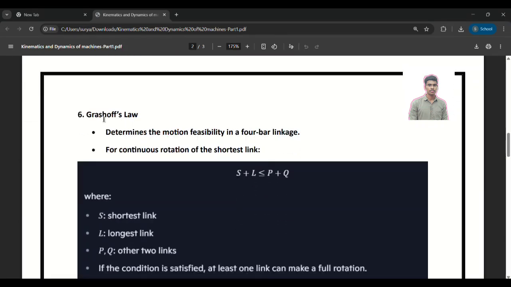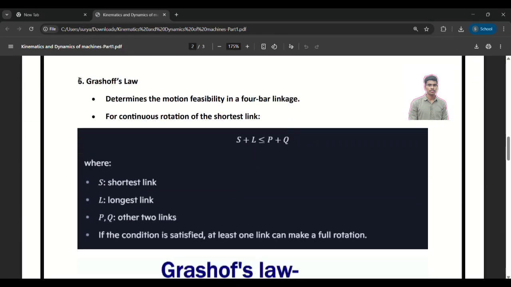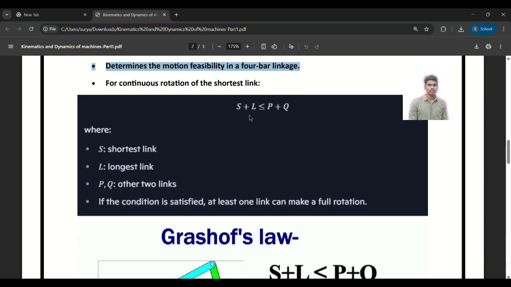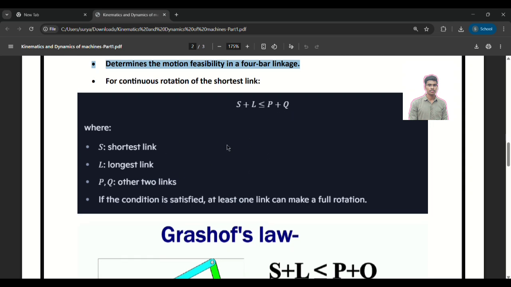And then Grashoff's law. As you know already, it determines the motion feasibility in the 4-bar linkage. According to Grashoff's law, the shortest plus the longest is less than or equal to the sum of the other two links.